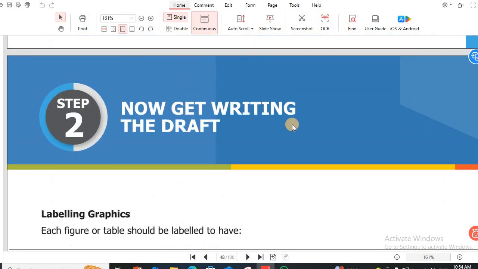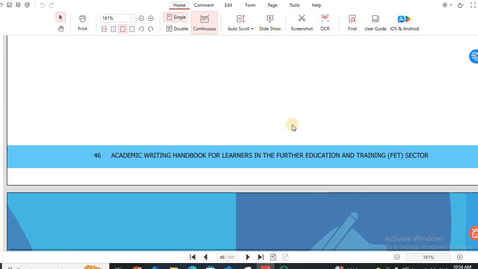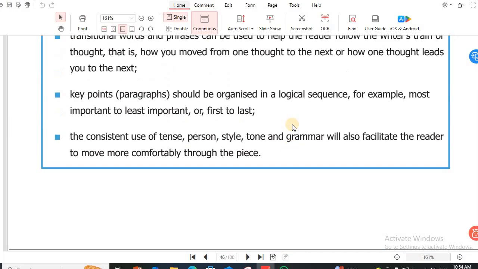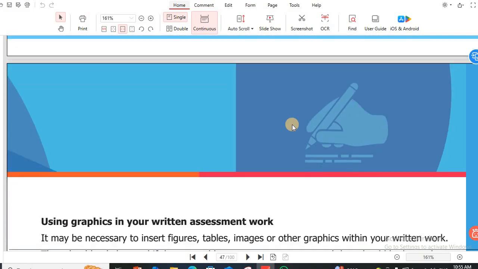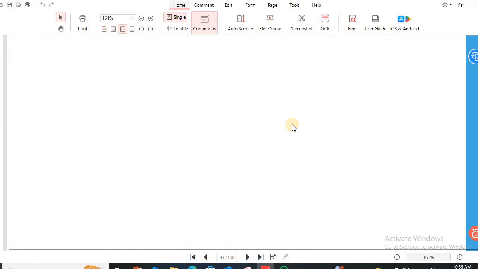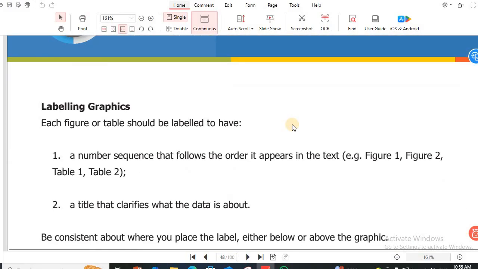And then how we use transition words, the linking words and ideas, the logical sequence of the paragraph, and then the consistent use of tenses, person, and style, and then using tables and graphs and how to label them. Okay.